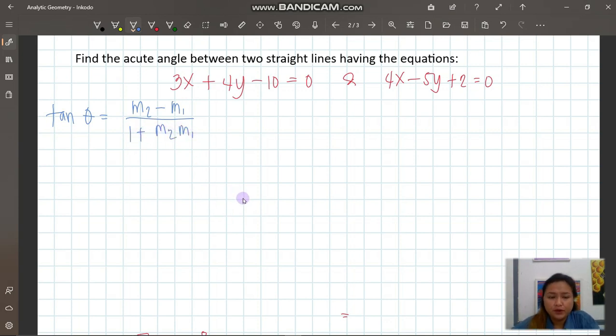So we need to know the slope of these lines given these equations for us to find our theta, or the acute angle between them.